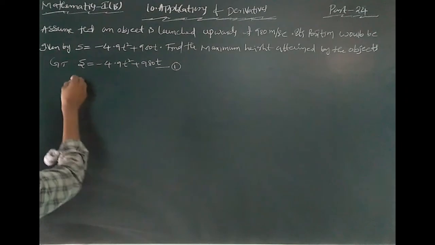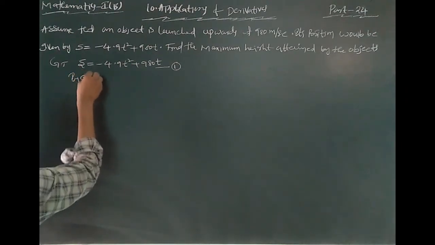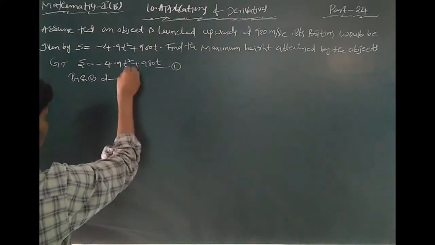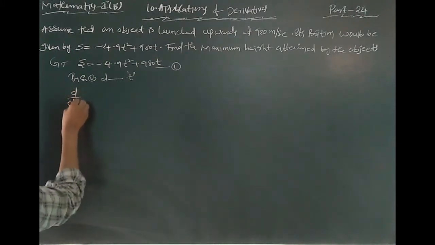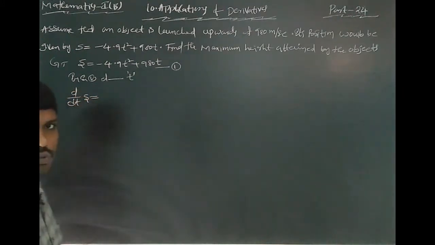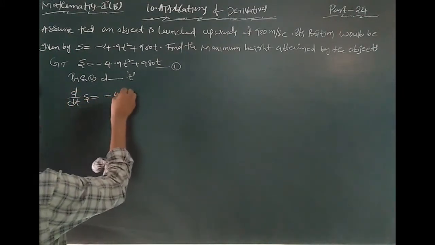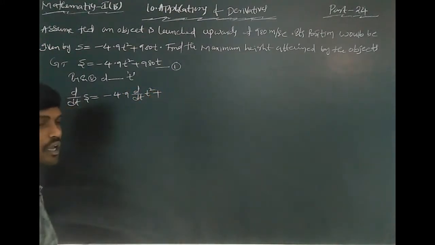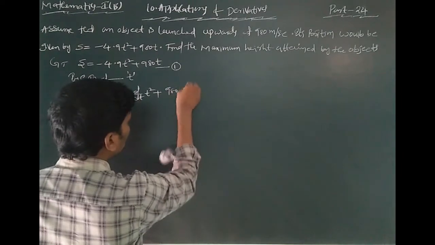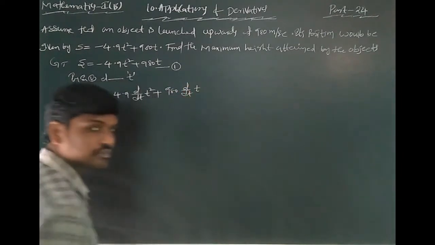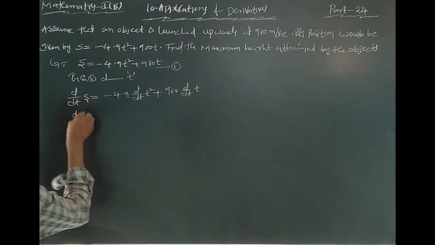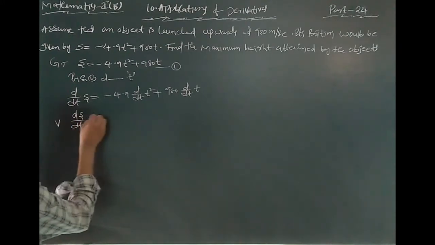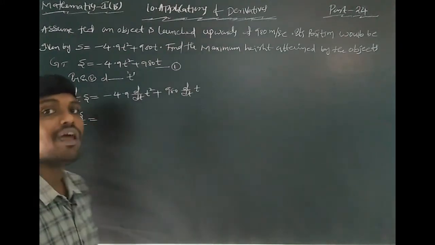Next, in equation 1, take derivative on both sides with respect to t. d by dt of s is equal to minus 4.9 into d by dt of t square plus 980 into d by dt of t. After that you can write ds by dt, this ds by dt is the velocity.